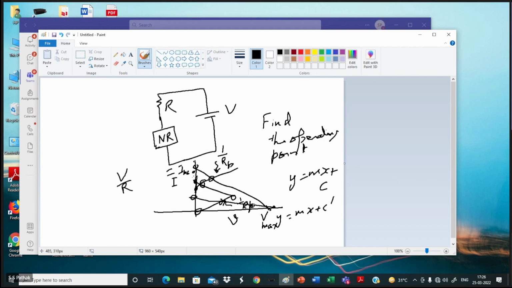The equation of this, for the load line, is I equal to mx plus c.